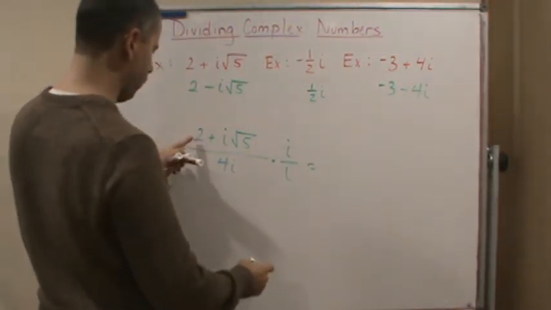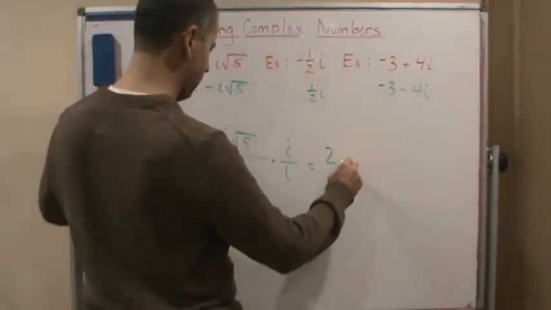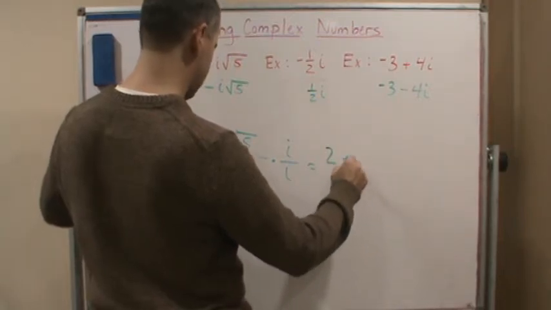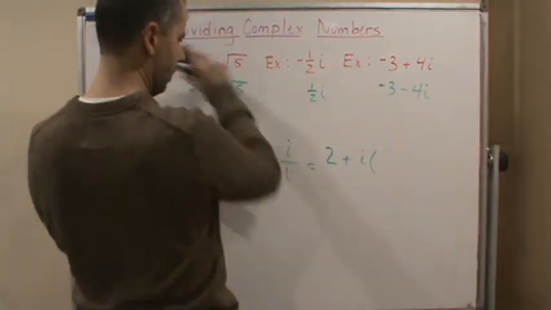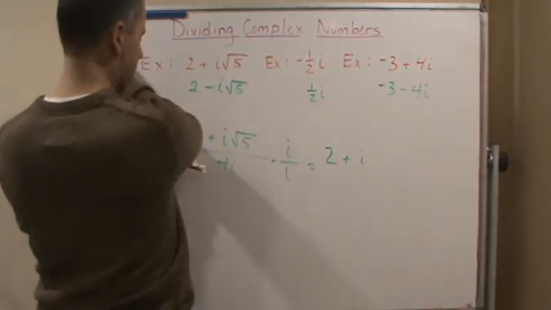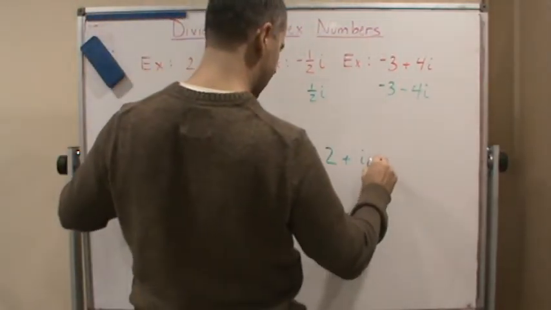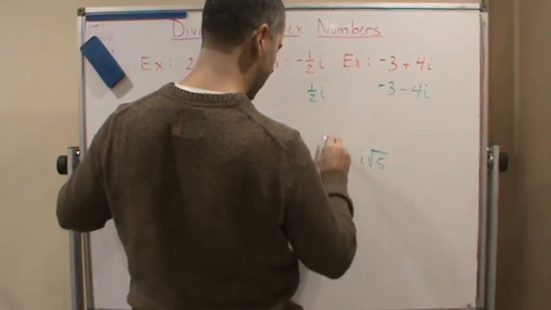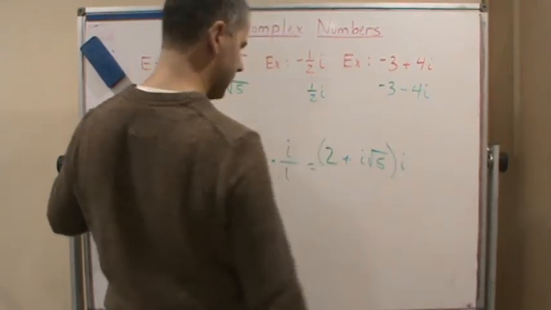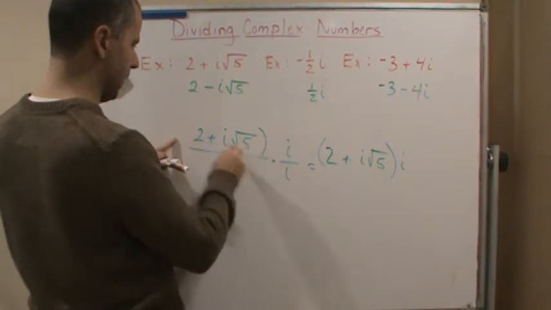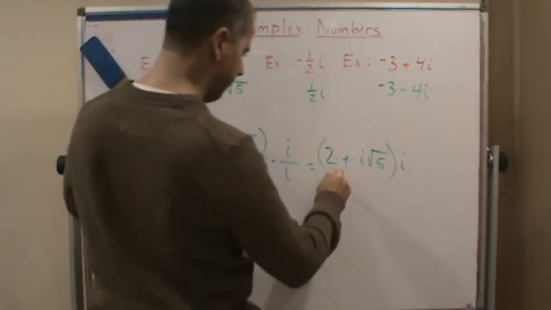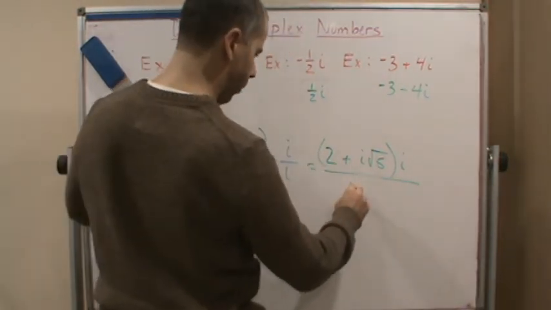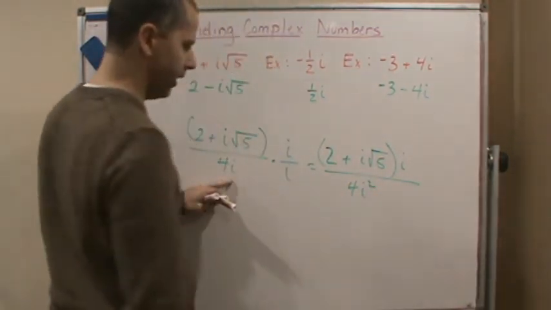And so what do you get? Well, here you get 2 plus i times the square root of 5 times i, because remember, you're multiplying it by the whole thing. Be careful. And then the bottom just becomes 4i squared.